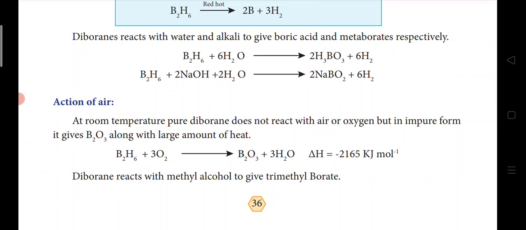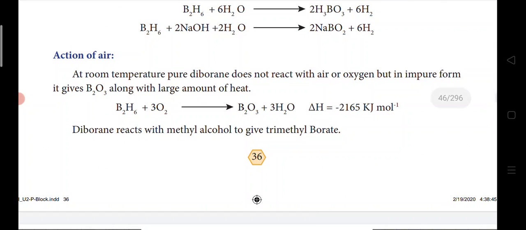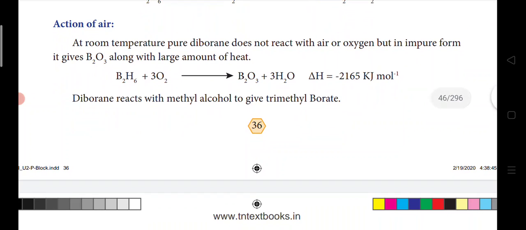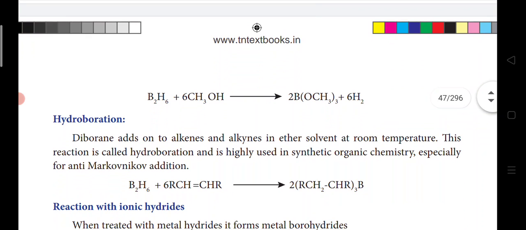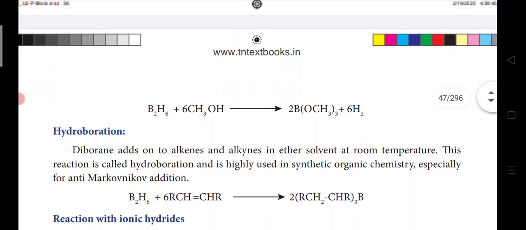At room temperature, pure diborane does not react with air or oxygen, but in impure form it gives B2O3 along with a large amount of heat. B2H6 reacts with oxygen to give B2O3 and water, and diborane reacts with methyl alcohol to give trimethyl borate. So you can see here B2H6 is diborane, CH3OH is methanol or methyl alcohol, to give trimethyl borate.